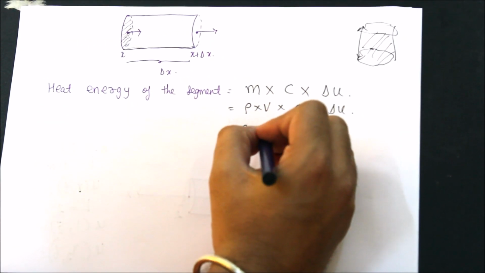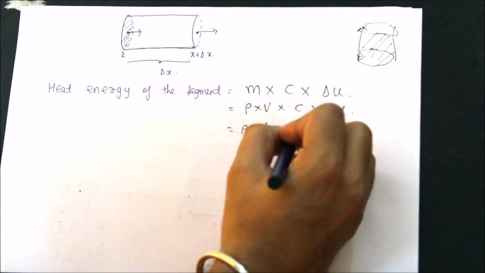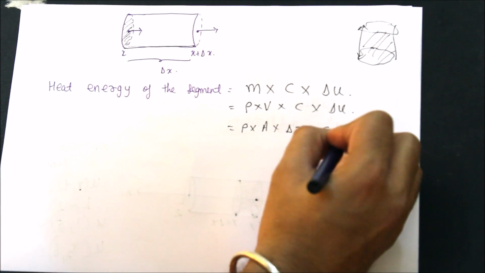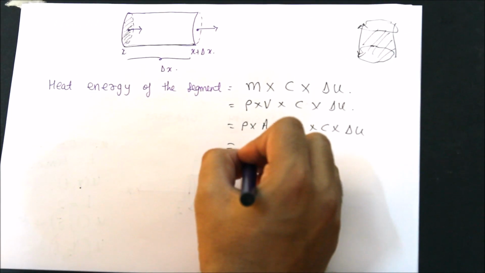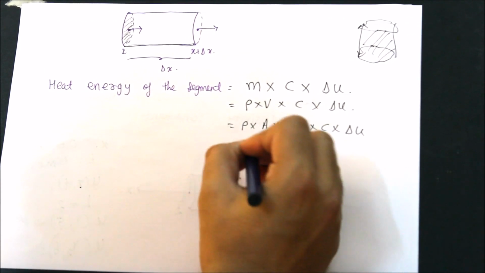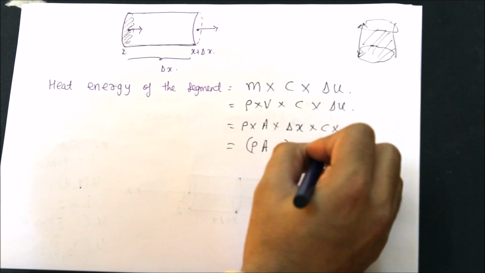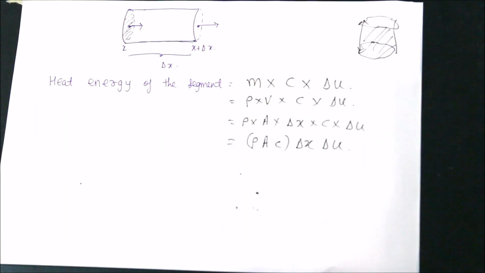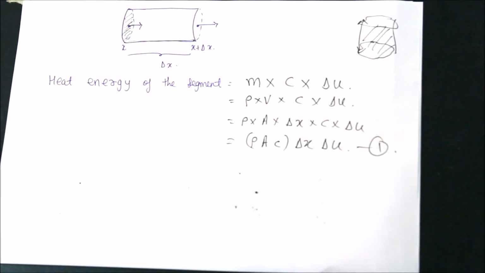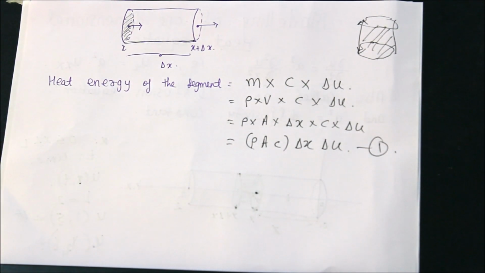So V is A into delta x, and the heat energy is A delta x into C into delta U. So this is rho A C delta x delta U. Let me call this equation 1. We will need this later. That's the heat energy in the segment.